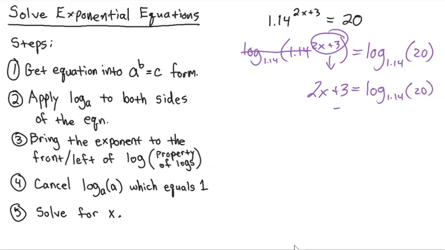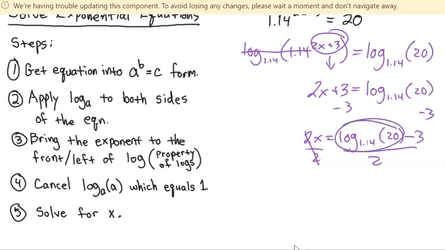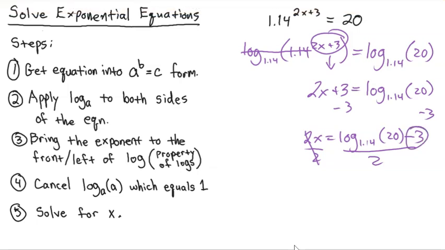Now we're going to solve for x. So we'll subtract 3 from both sides. And we get 2x is equal to log base 1.14 of 20 minus 3. Then we're going to divide by 2, cancel on the left, and we get x is equal to log base 1.14 of 20 minus 3 all over 2.